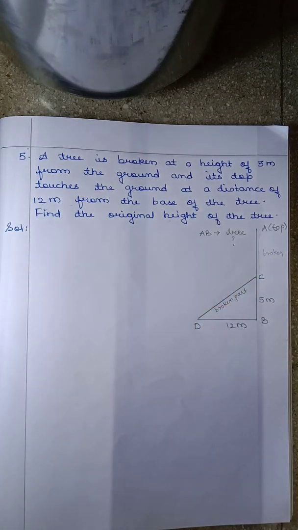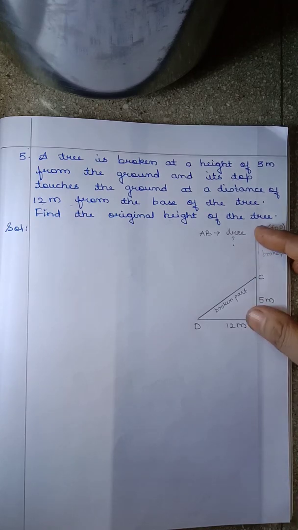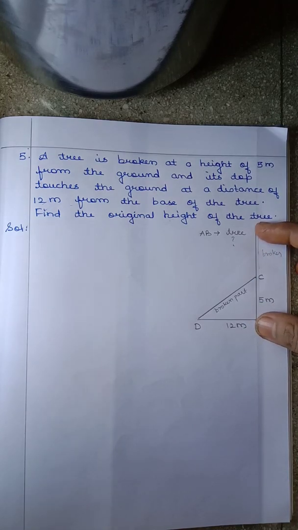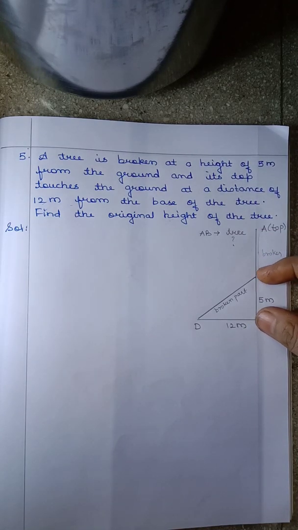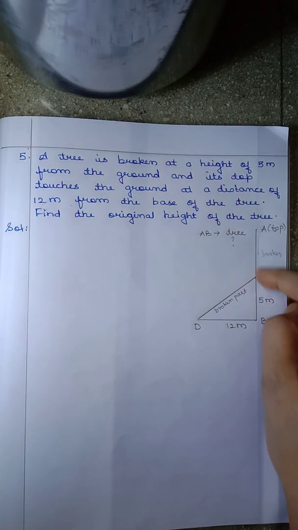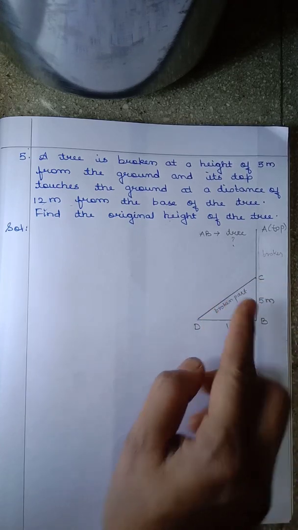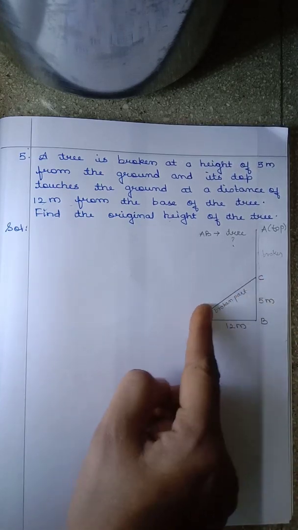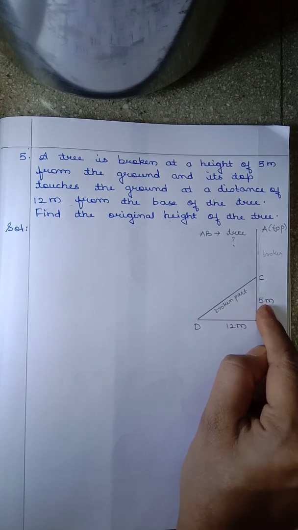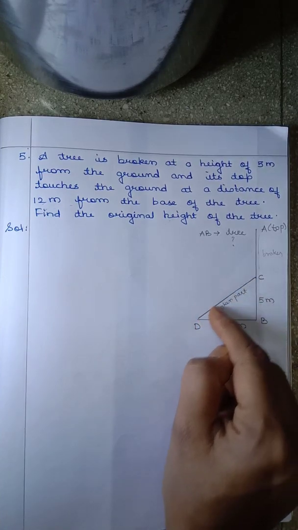So how will you get the length of the tree, children? Now here, this is the tree. Out of this tree, part of the measurement they have given is 5 meter. The remaining part is broken. This is the broken remaining part. So once you get this side, you can add it to 5 meter and get the height of the tree, children.